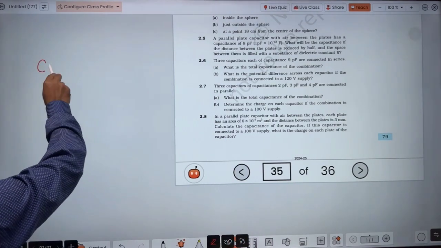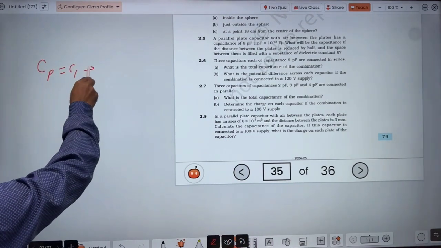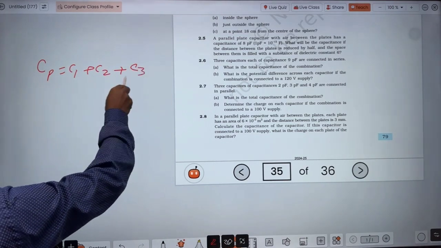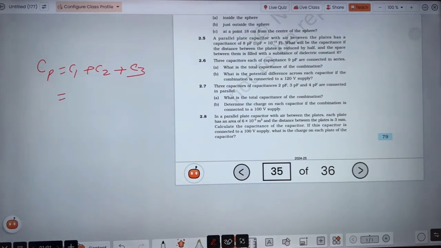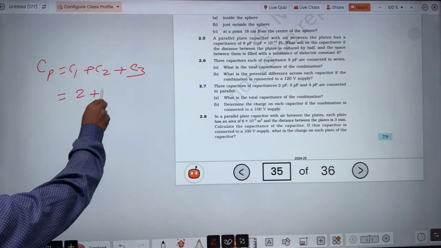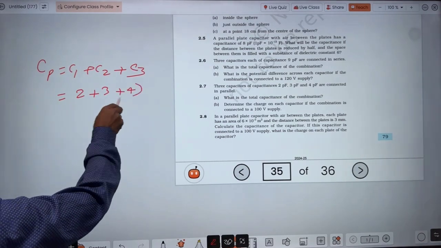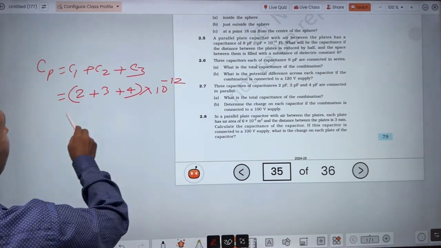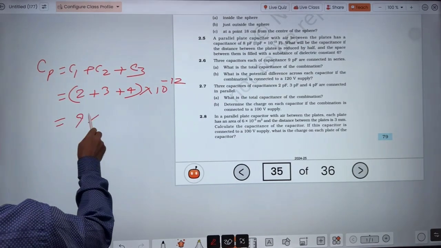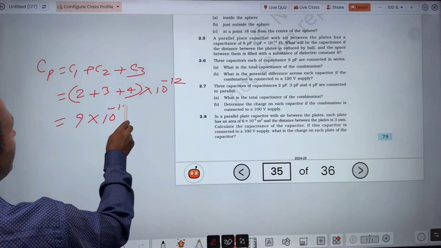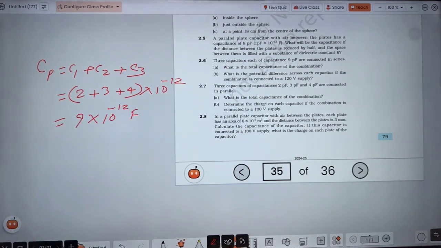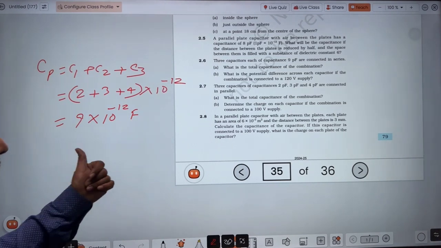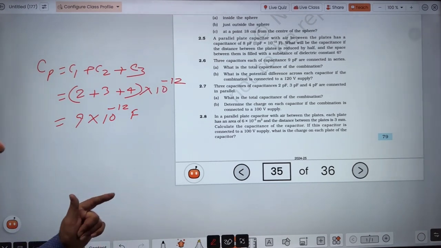Now determine the charge on each capacitor if the combination is connected to a 100 volt supply. These are connected in parallel. So it is simple. So charge Q1, Q2, Q3. For each, voltage is the same.